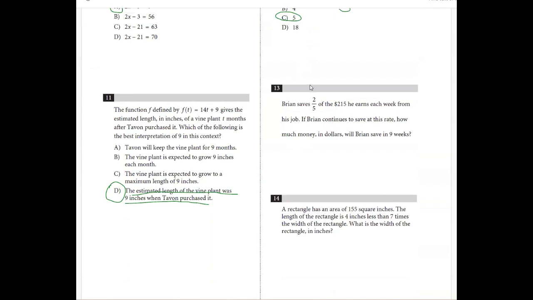Okay, 13. Brian saved 2 out of 5 of the $215 he earns each week from his job. If Brian continues to save at this rate, how much money in dollars will Brian save in 9 weeks? Okay, so go ahead and do this: 2 over 5 times t, and this is equal to 86.